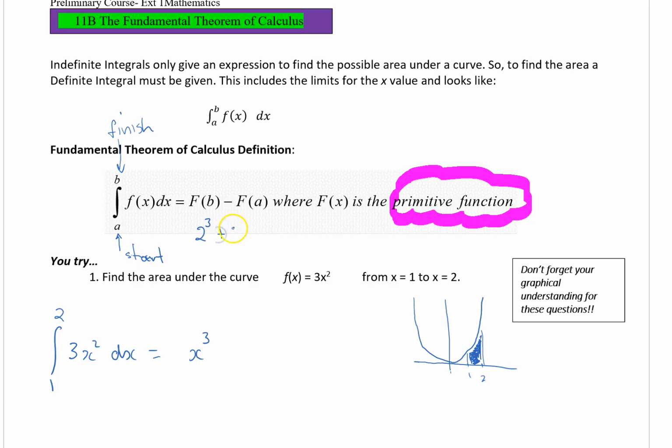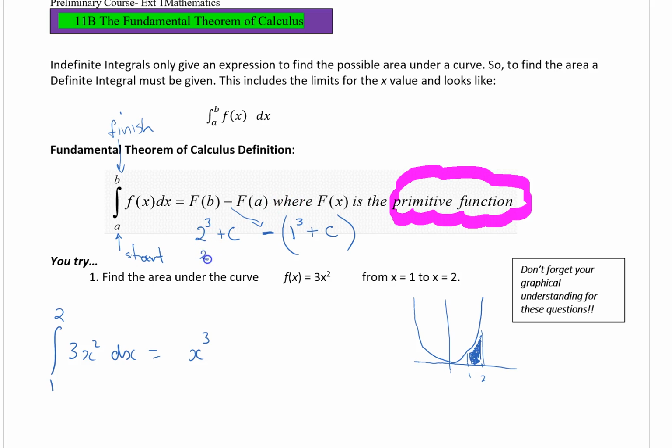If we kept our constant in, 2 cubed plus a constant, then we have to subtract subbing a in, which is our 1 cubed plus a constant. So we've got to subtract all of that.